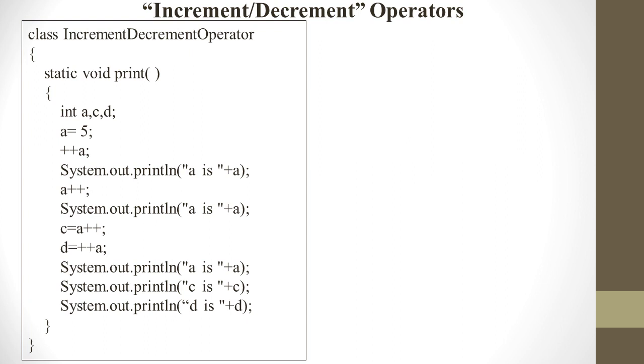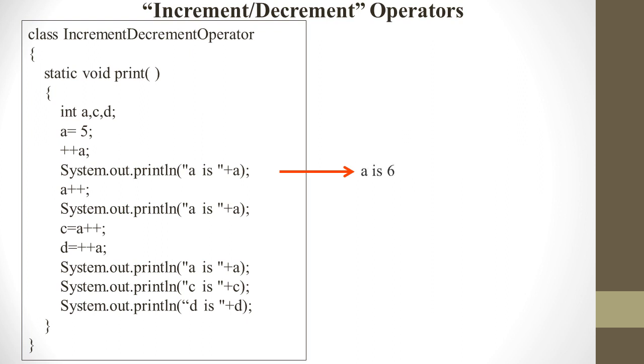So I am writing system.out.println, a is, meaning the value of a, plus a. So after the expression plus plus a, the value 5 will convert into 6. Then your output will come: a is 6.